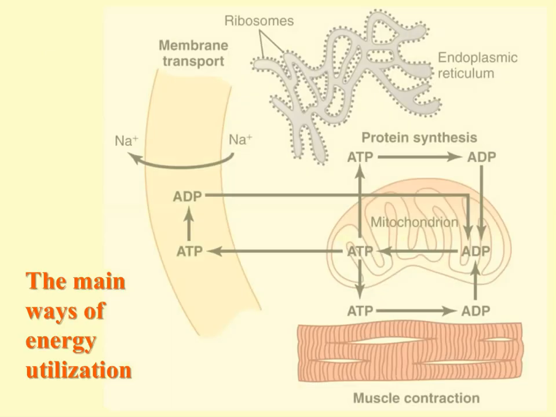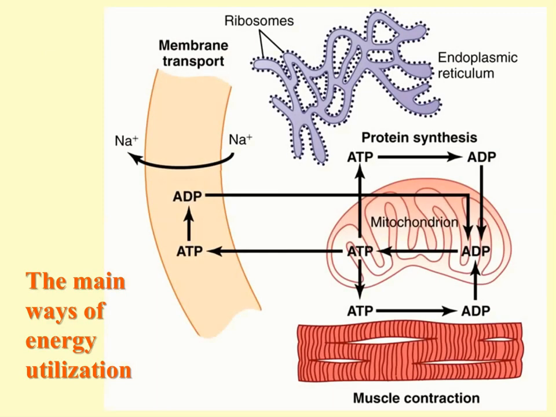The main ways of energy utilization. Previously you saw the list, but now: the ATP that is formed in mitochondria is used for membrane transport. Maybe it's the number one process because it's included in many processes. Interaction of nervous cells in the nervous system, muscle contractions, calcium pumping back, and regular pumps operation.